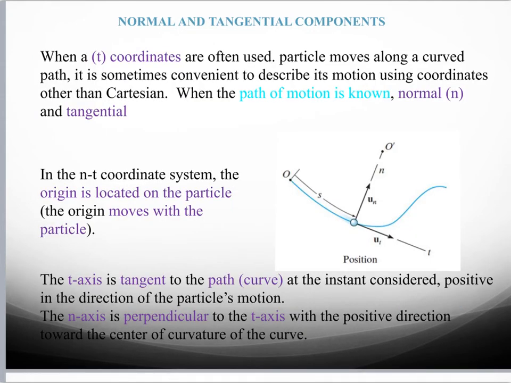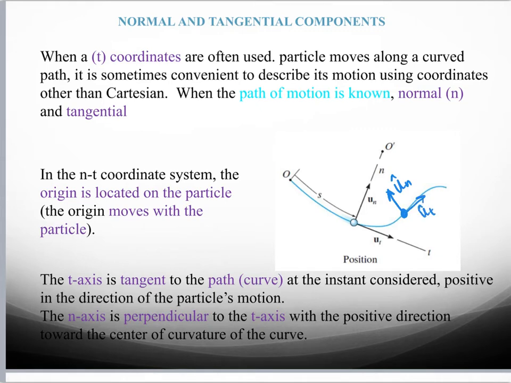Okay, so here we're talking about the normal and the tangential components. A couple things that we're thinking about: for one, we are following along with the particle, so the direction of our unit vectors is going to change as we go along the path. For instance, the direction of the normal and the tangential are different than they would be when the particle is right here, and this would be the normal and this would be the tangential.